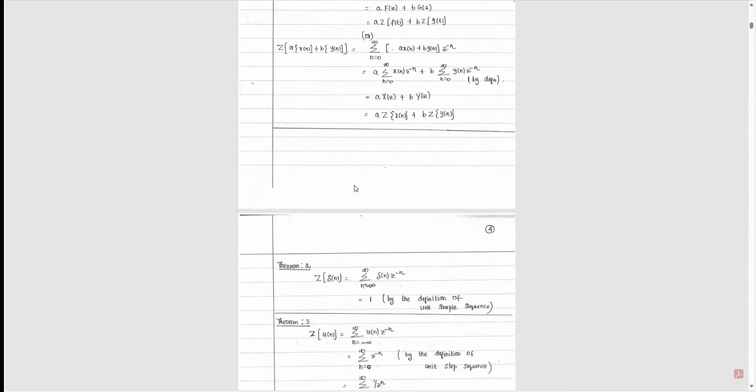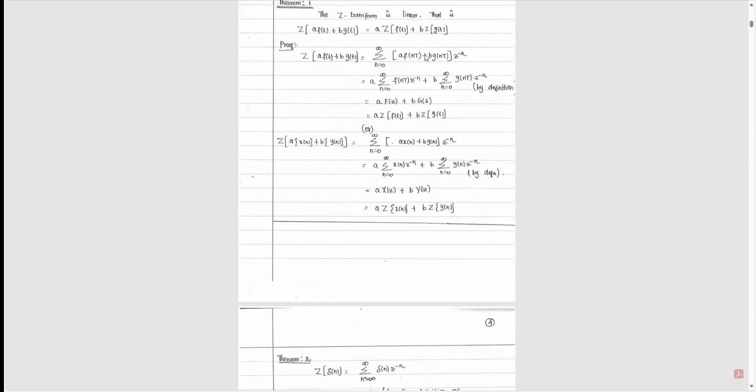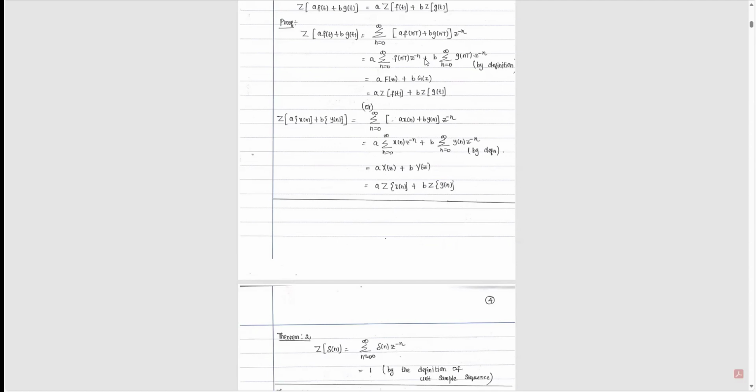I'm telling you a trick or tip. Whenever we have a sum of functions, with or without coefficients, we take the formula so that if we have a sum, we use the addition sign, and if we have a difference, we use the minus sign. And if we have a coefficient, we take it outside of the summation.